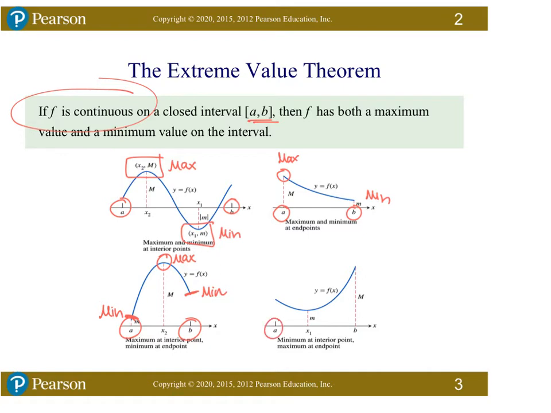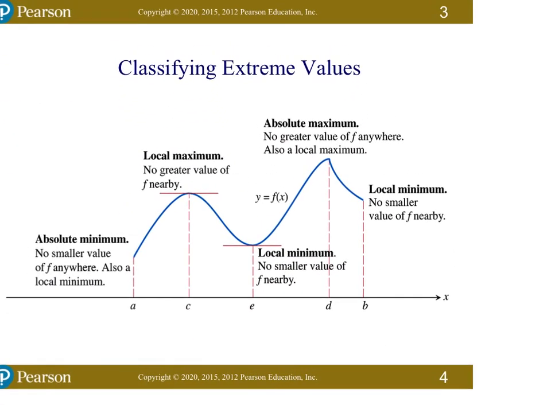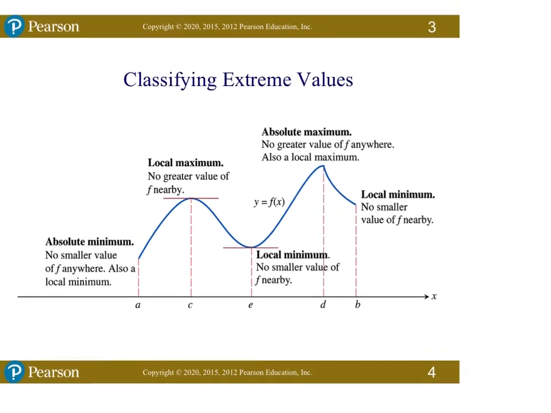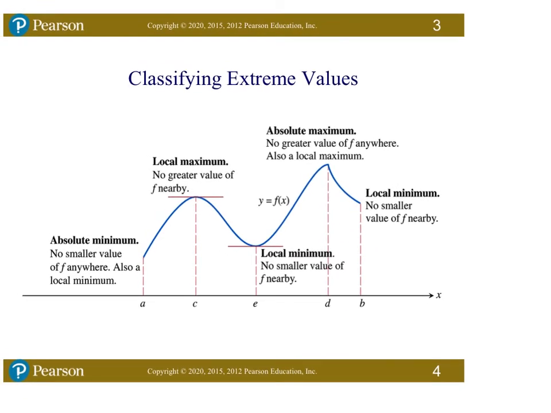If you've got a closed interval with a concave up function, you have a single minimum, but you have two maxes, and again, one local and one absolute. These extreme values happen every time the derivative is either equal to 0 or undefined.